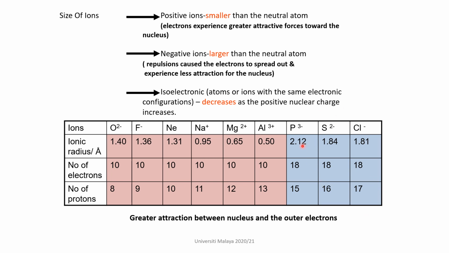Now we look at the blue side of the table. You can see that these anions all have 18 electrons, but the size decreases from the phosphorus anion to the chloride ion. Phosphorus has only 15 protons, so it has only a 15 plus positive charge in the nucleus, and that's why the size is bigger, whereas the chloride ion has 17 protons for the nucleus to attract the valence electrons of the chloride ion, hence the size decreases.